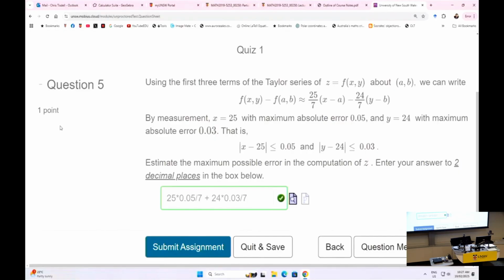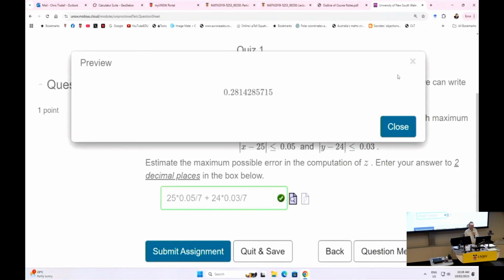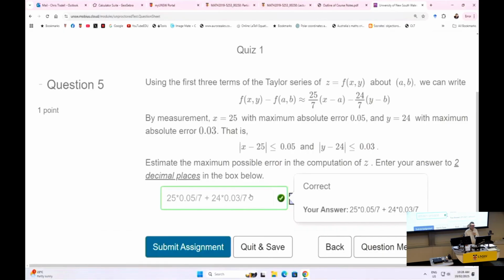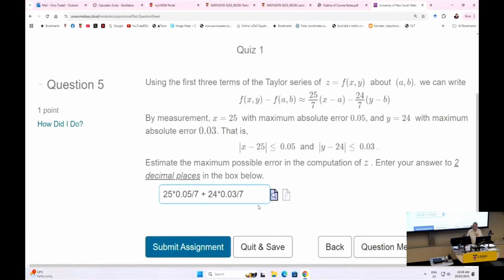All right, so maybe there are situations where you don't have to round it. I wonder how it decides. Yeah. So either if you put in the exact value, it's fine. But should we just put in 0.28 and see what happens?